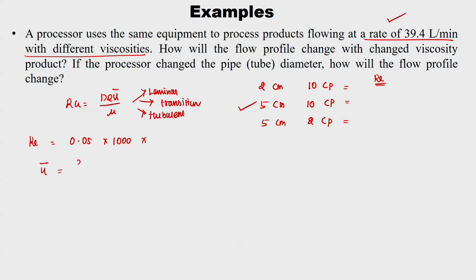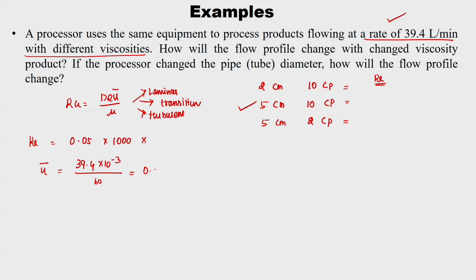Average velocity is nothing but the volumetric flow rate, 39.4 into 10 to the power of minus 3, which is converting liter into meter cube. Then you have your minute, I am converting into seconds. So, 1 minute is nothing but 60 seconds.